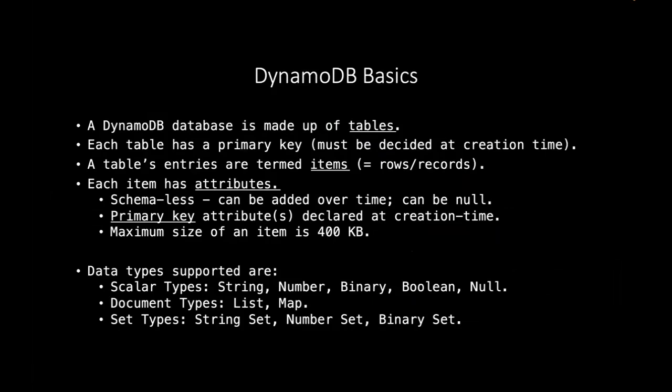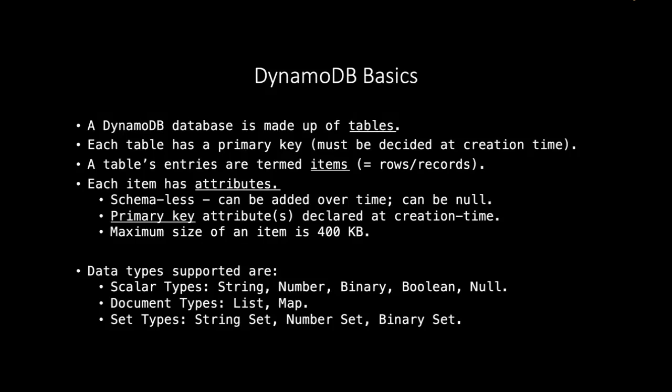Some of the standout points about DynamoDB is there's a slight difference in the terminology that we use. Okay, we talk about tables. We don't talk about records. We talk about items. And an item has a primary key. That's a term we're familiar with. Primary keys in DynamoDB, there are two types, simple and composite.